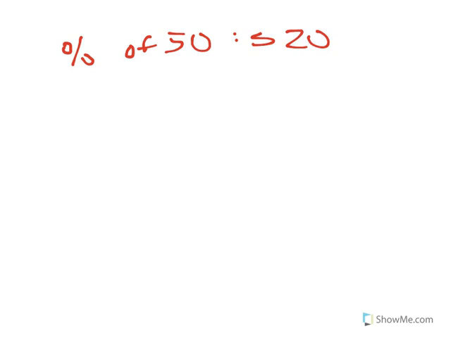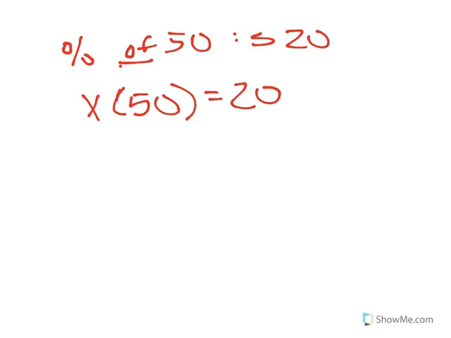Let's set it up algebraically. What percent of 50 is 20? So what am I doing? Okay, so again, percent, it's unknown, so it's a variable. Of means multiply, so I have the parentheses around, next to a number or a variable means to multiply. Is, I have the equal sign, and then 20.